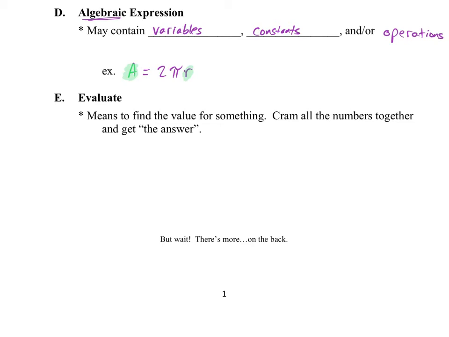Last thing, in this page at least, is to evaluate means find the answer for something, or find the number answer. So if you get a problem that has like, I don't know, I'm just making something up at this point, but we'll say 2 plus 7 times 4 minus 5, and we'll maybe throw in parentheses.